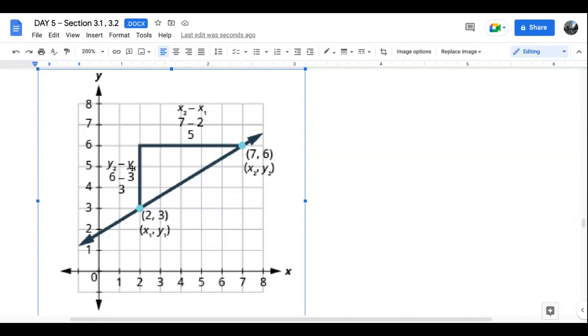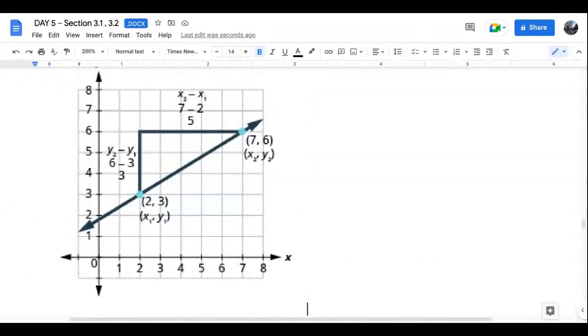Rise is y2 minus y1. y2 is 6, y1 is 3, so 6 minus 3 is 3. It has to rise up 3 units and run to the right 5 units. Rising up is positive, running to the right is positive. If we go downward, that would be negative. If we run to the left, that would be negative.